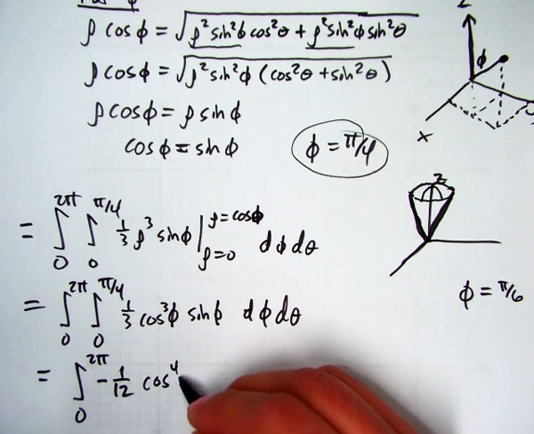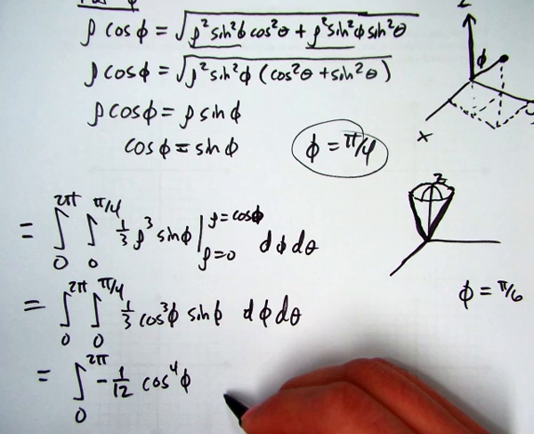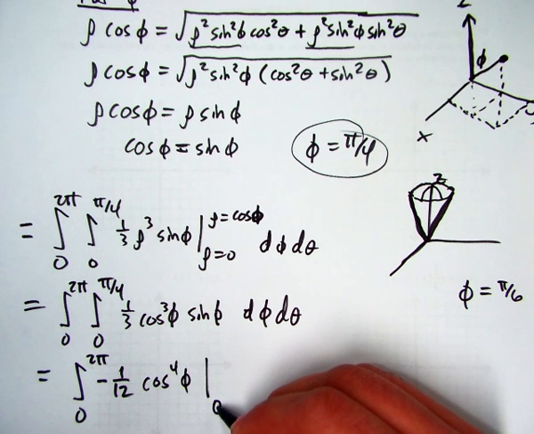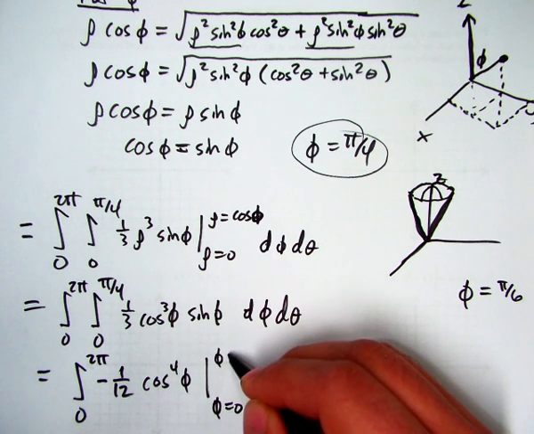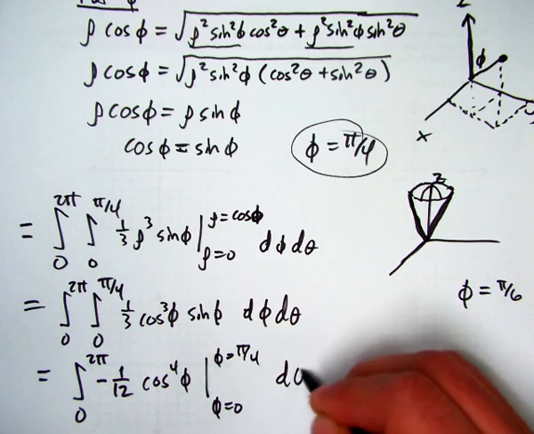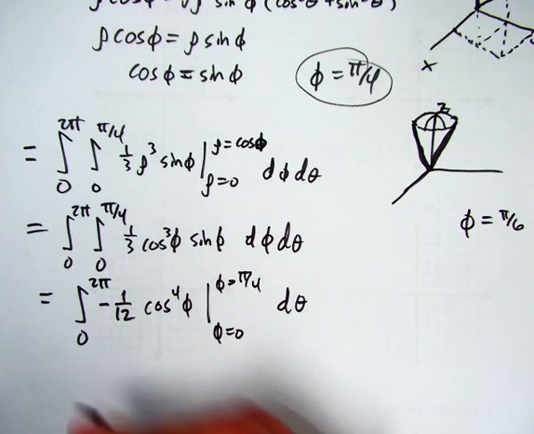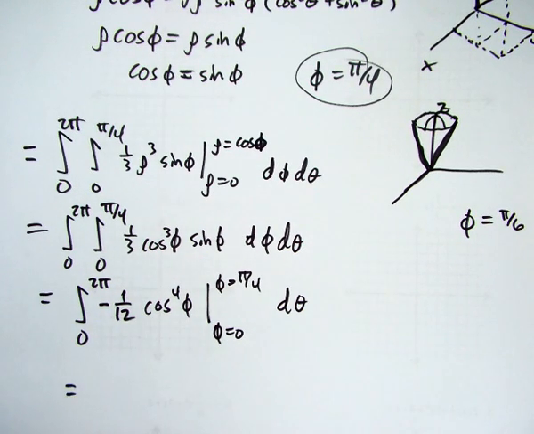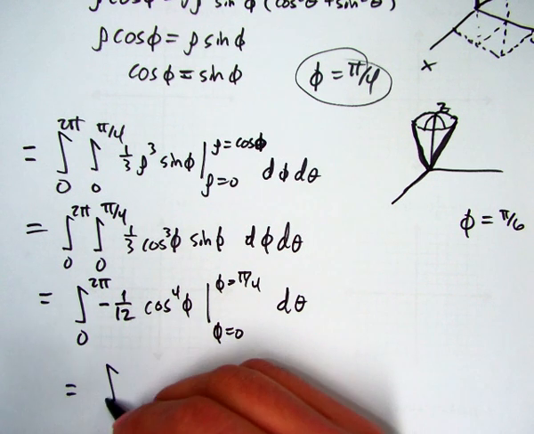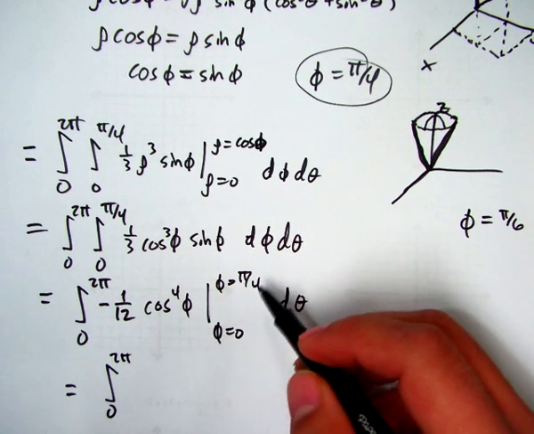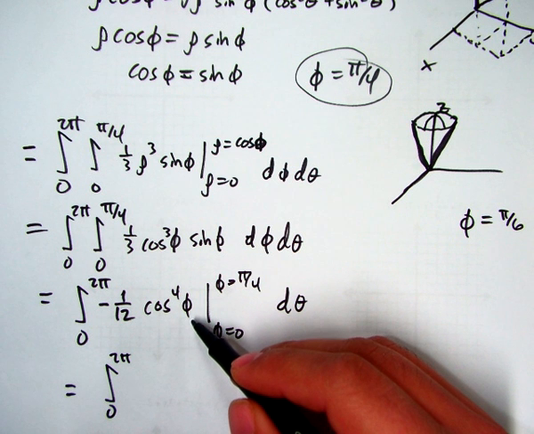And then we're good. So now phi is from 0 to pi over 4. Plug in the bounds. Cosine of pi over 4 is root 2 over 2.